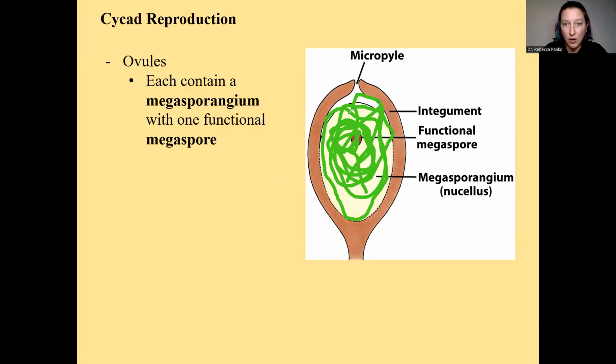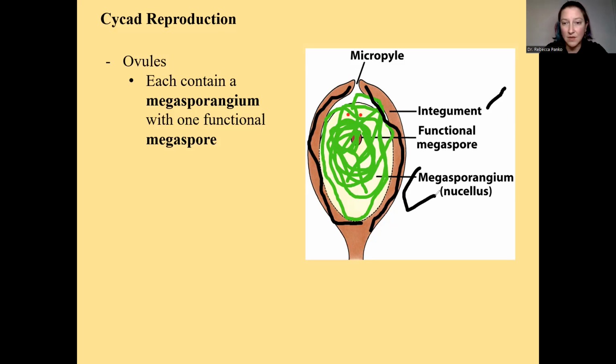She'll have archegonia that have eggs in them, one egg per archegonium. And the female gametophyte with her eggs will be better protected because she's inside this ovule, and the ovule has layers called the integument that surround the female gametophyte plant.